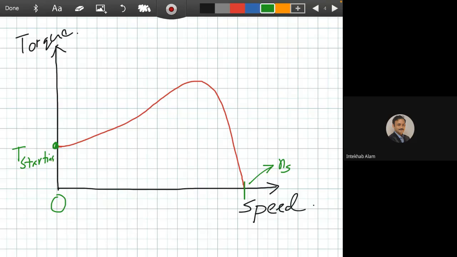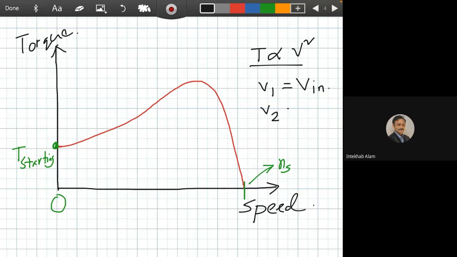According to the torque equation, torque is proportional to V square, right? Can you recall this point in my previous slide? Torque is proportional to V square. So consider V1 equals V in, and consider another V2 equals 0.7 of V in.